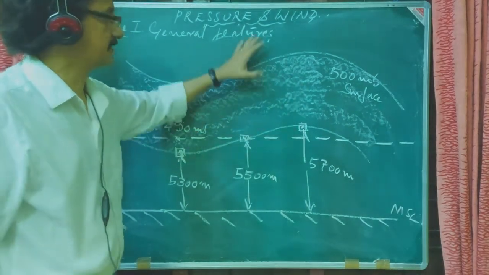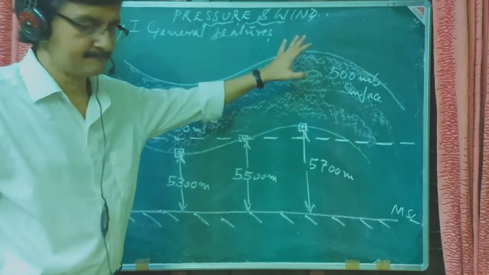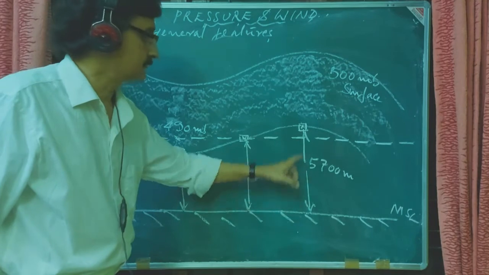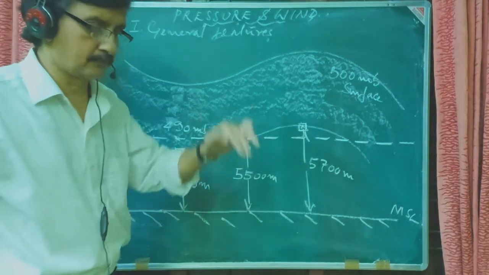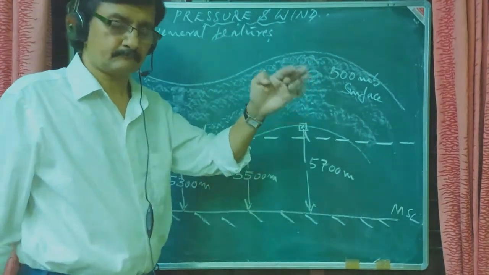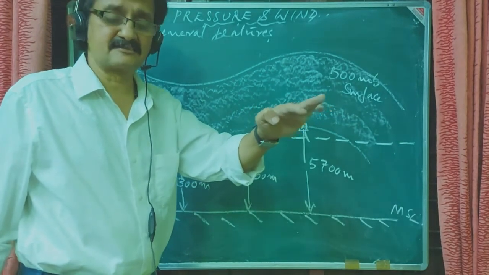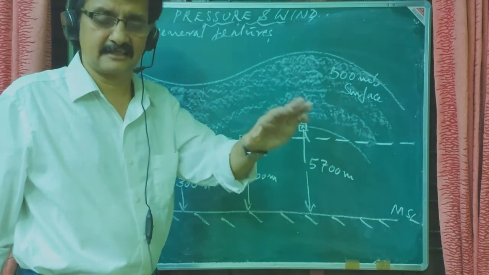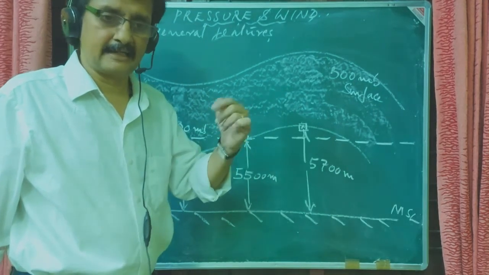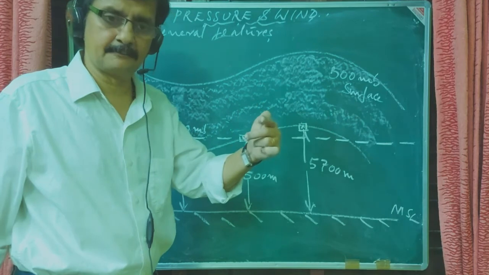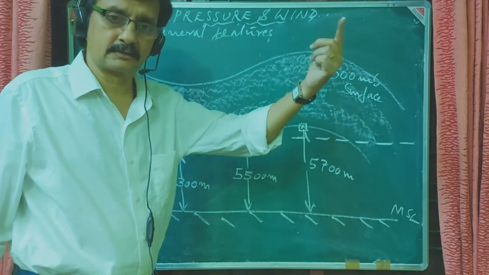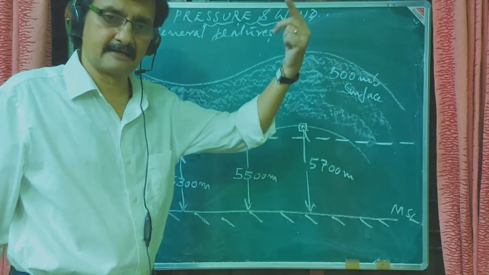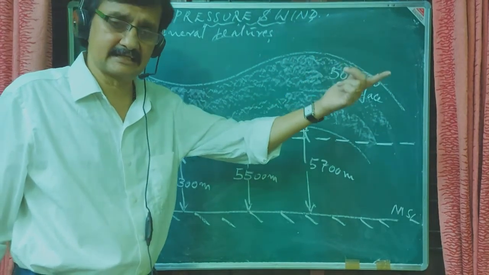If I am taking 700 millibar or 400 millibar, for each place you take the height. Say I take the 400 millibar surface over the extreme south of the Indian peninsular area, say over the Kerala region, and another 500 millibar level around the Nagpur region, and another 500 millibar level in the Delhi region.